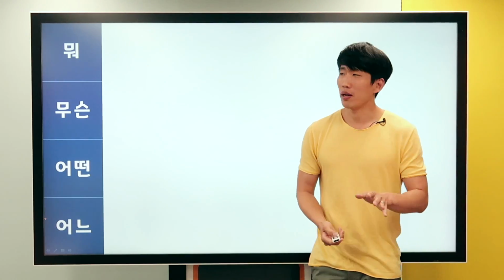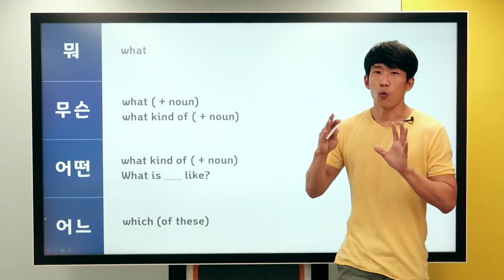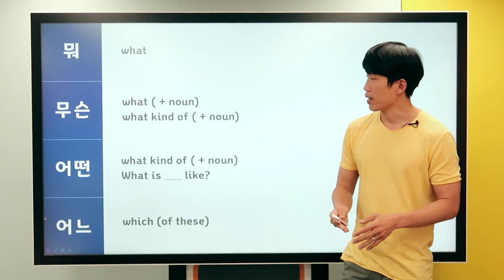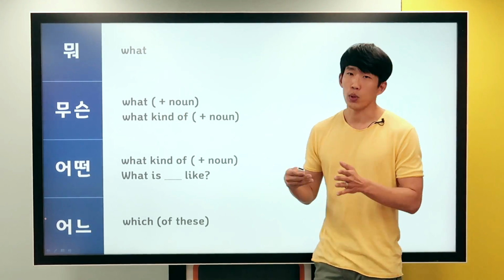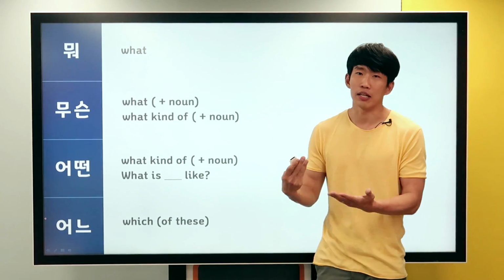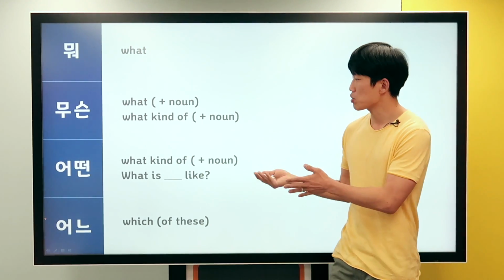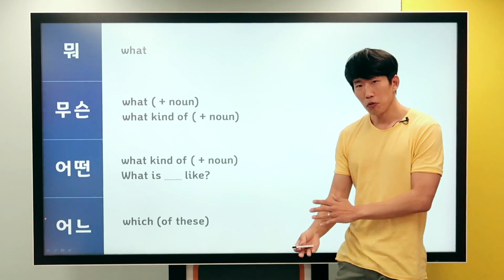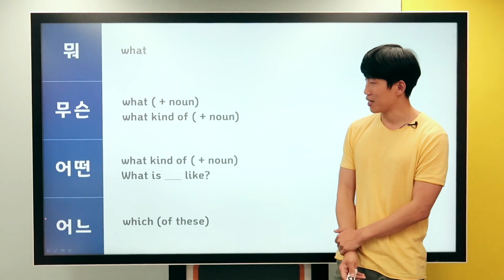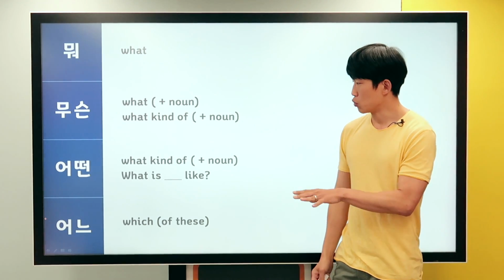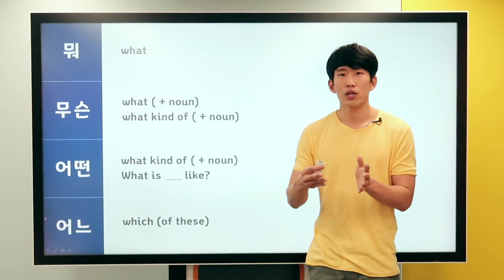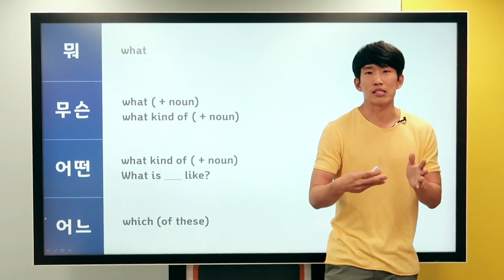So to give you the bottom line, 뭐 is what. It's a pronoun, okay? And then 무슨 is an adjective what. So what plus noun, or it can also mean what kind of so and so. And 어떤 is also translated to what kind of. And 어떤 is used to talk about what someone is like or what a movie is like.